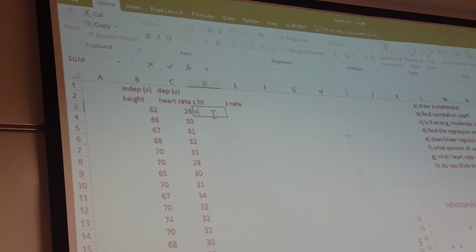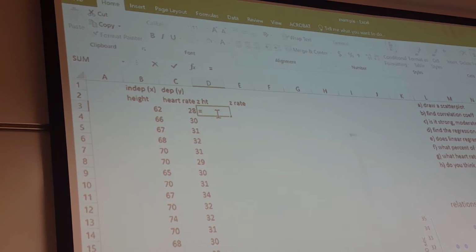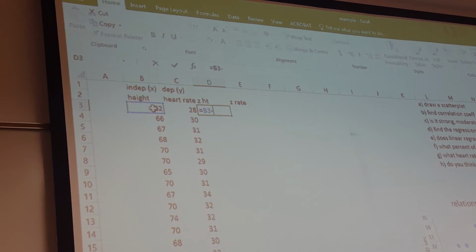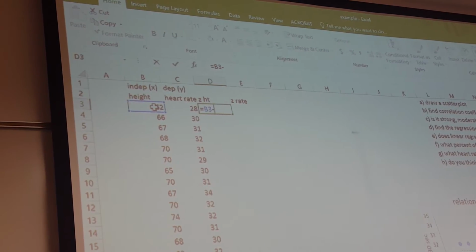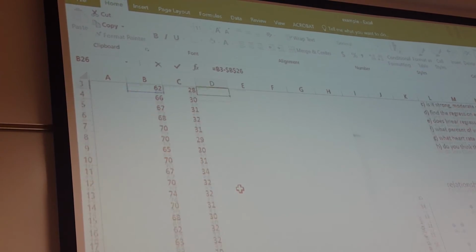Equals, tell me what to click on. The height, minus the mean, which is down at the bottom, 67. F4. Very good on the F4.